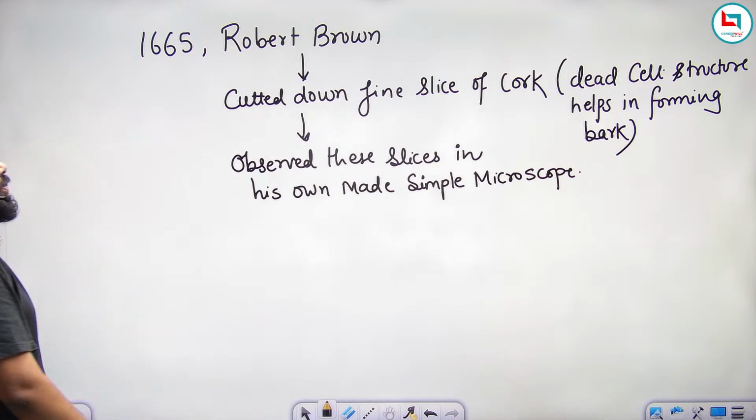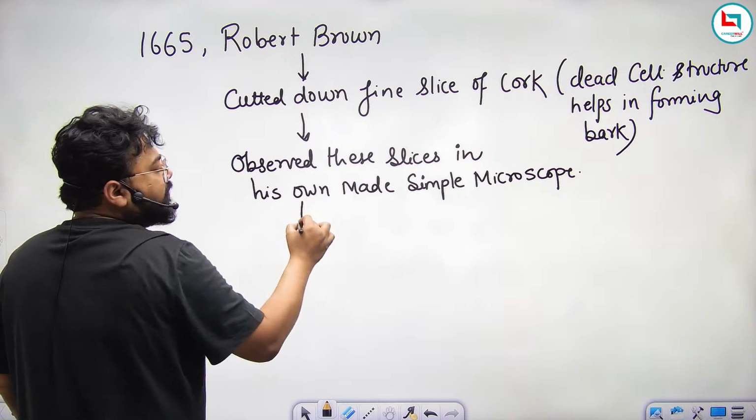So in the year 1665, Robert Brown cut a fine slice of cork. What is cork? These are the dead cell structures which help in forming the bark of a tree, and he observed these slices in his own made microscope. What did he observe?